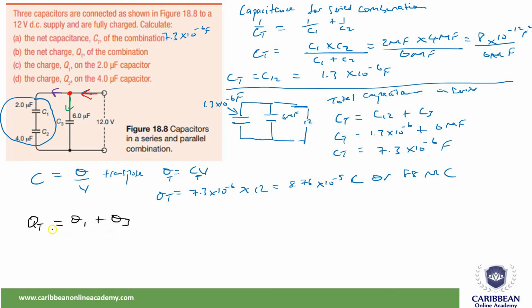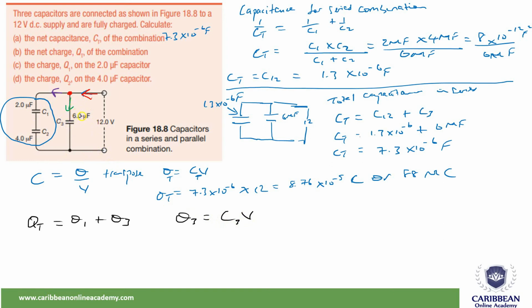Now, because I know QT, I can find Q3 by using the formula Q3 is equal to C3 times V. Based on this circuit, we have a parallel combination here.